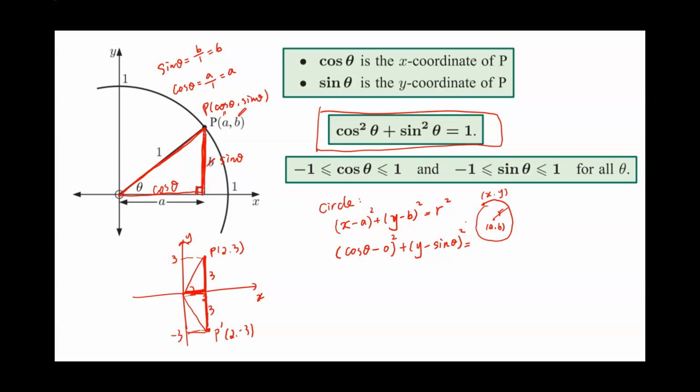It's a unit circle, so the radius is actually 1 to the power of 2, which is 1.